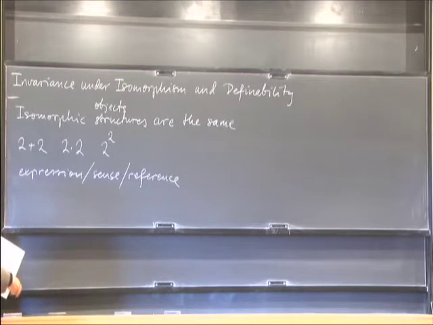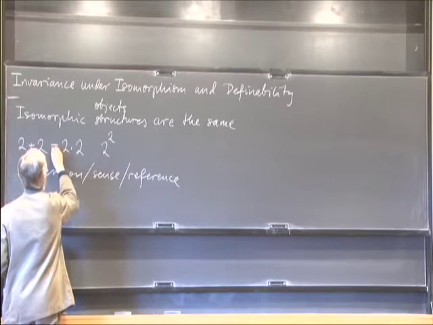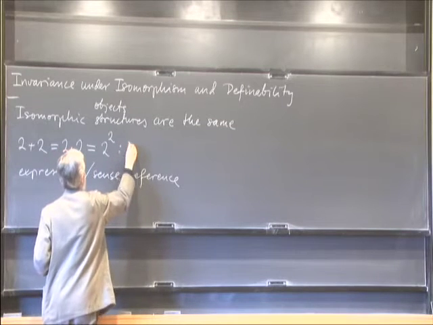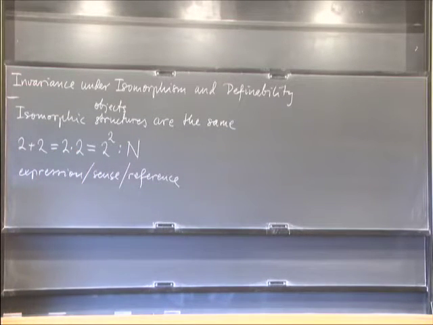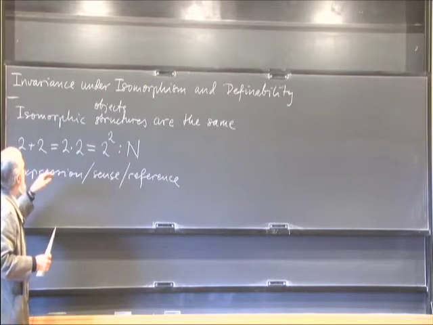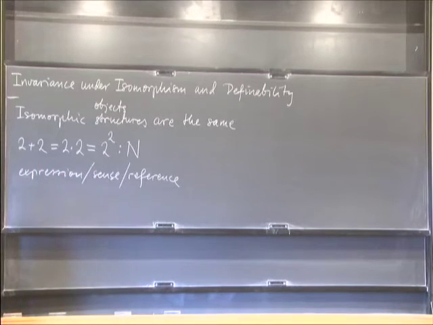Now, if we look at this in type theory, it's clear how you would write it. The first way in which these are the same is definitionally the same, or definitionally identical.